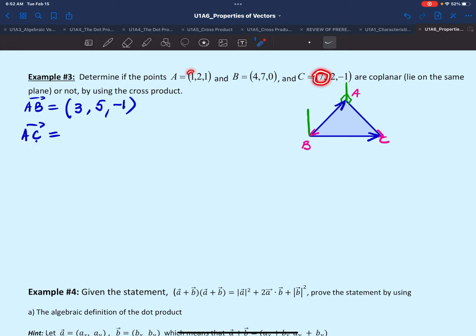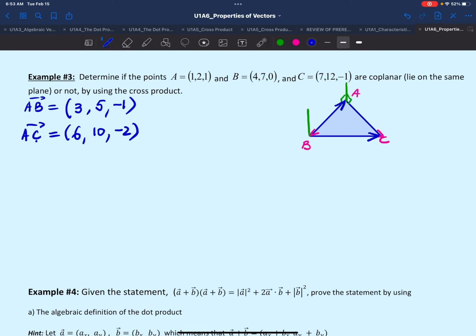So 7 minus 1, that's 6. 1 minus 2, that's negative 1. That's a 12. So 12 minus 2, that's a 10. Next, negative 1 minus 1, that's negative 2.